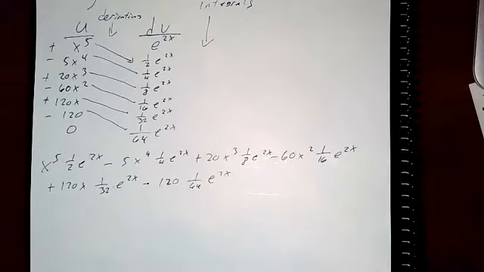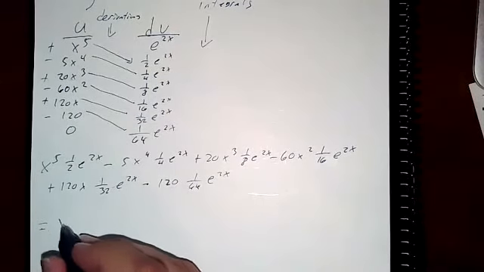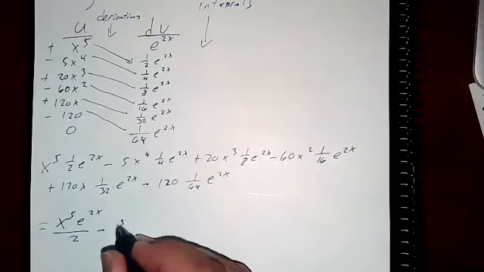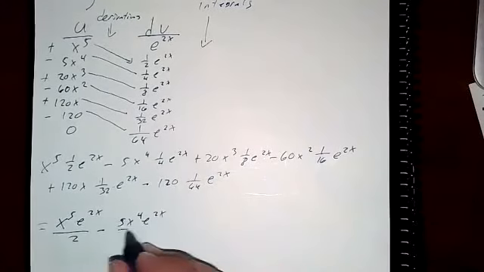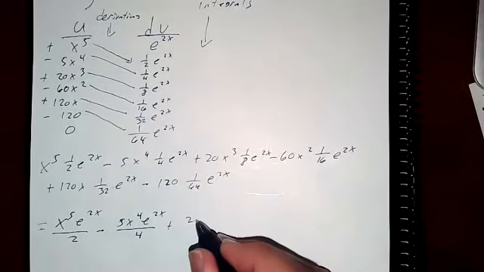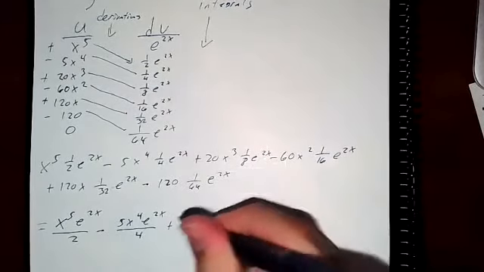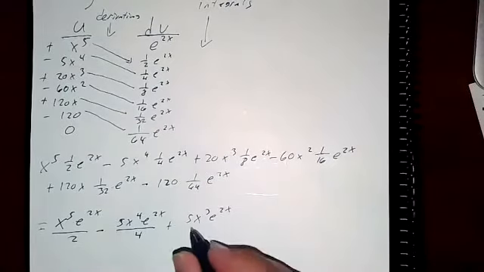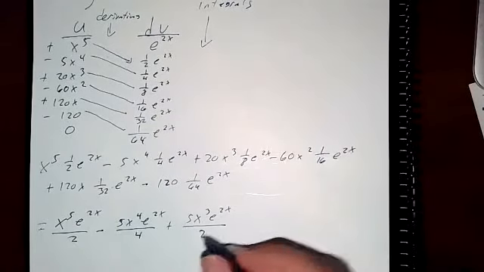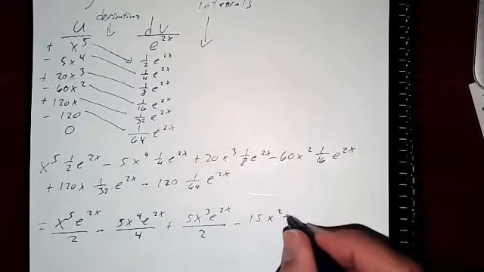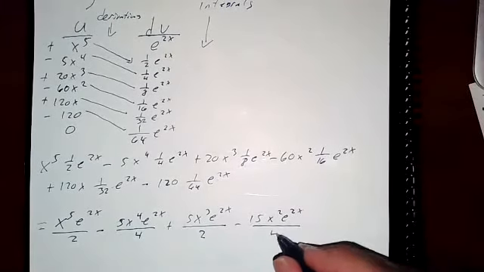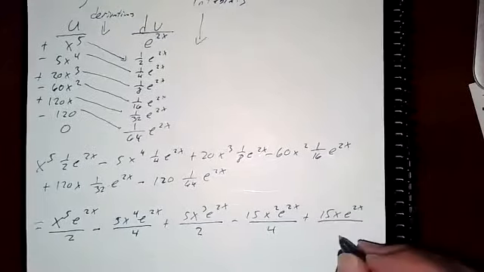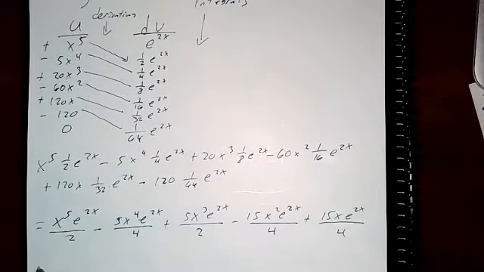So once you do all the algebra and fractions, you'll end up with x to the fifth e^2x over 2 minus 5x to the fourth e^2x over 4 plus 20, reduce to 5x cubed e^2x over 2 minus 15x squared e^2x over 4 plus 15x e^2x over 4 minus plus minus plus minus, the last, actually that's going to be plus.